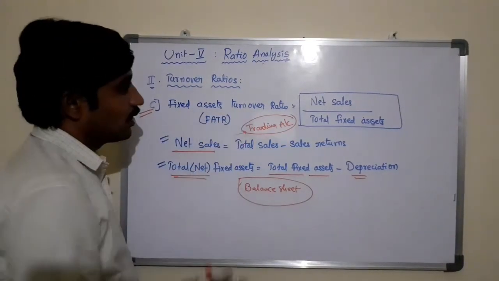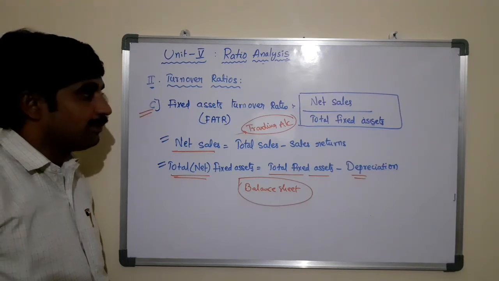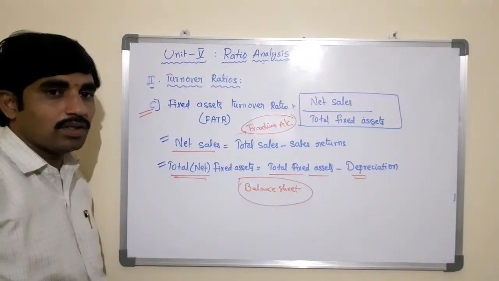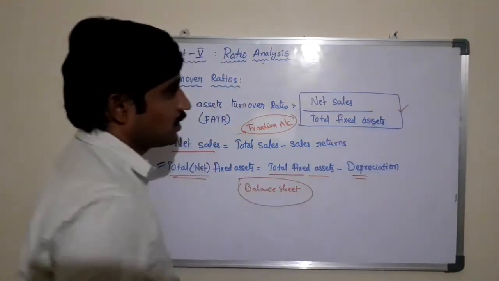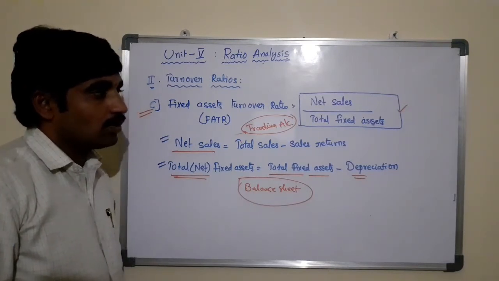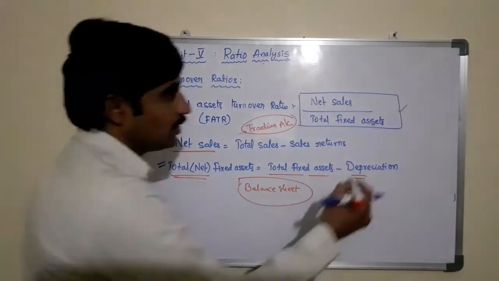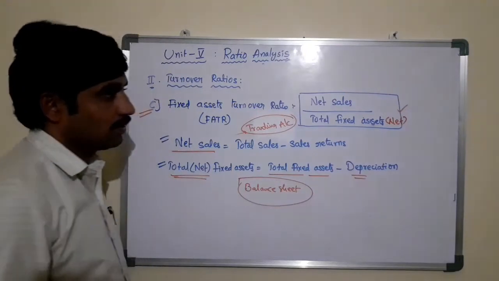So, fixed assets turnover ratio is used to determine whether the company is utilizing the available fixed assets effectively or efficiently. The formula is net sales by total fixed assets or the net fixed assets. So these fixed assets should be the net after depreciation.